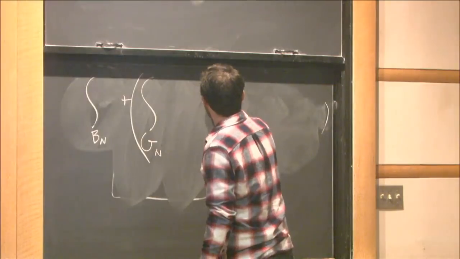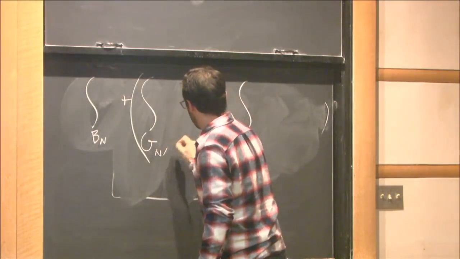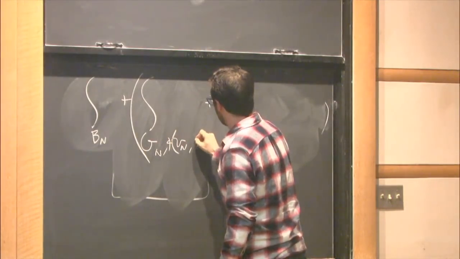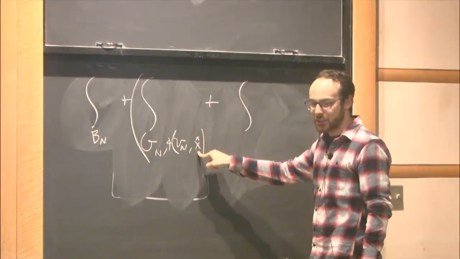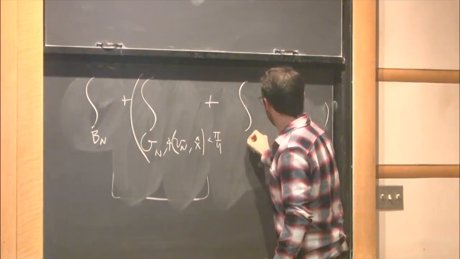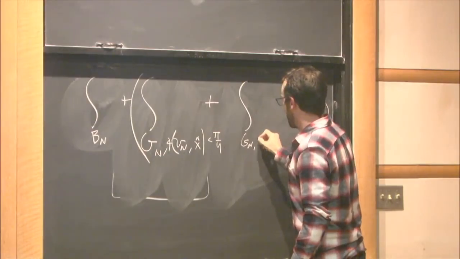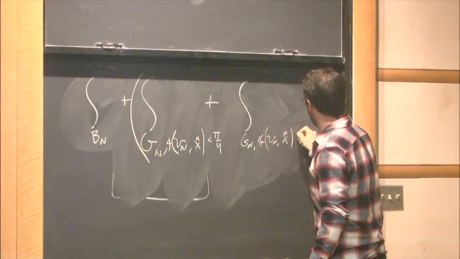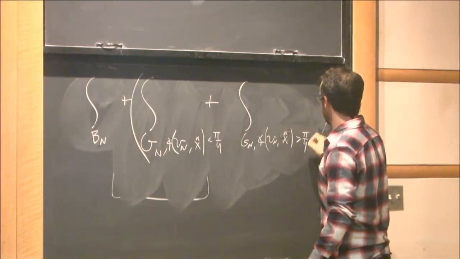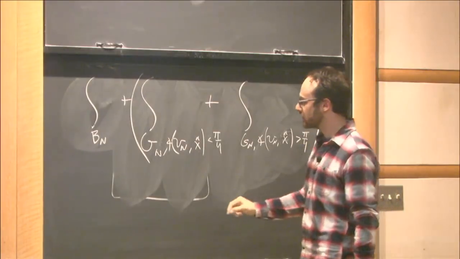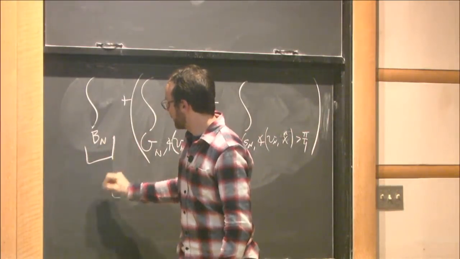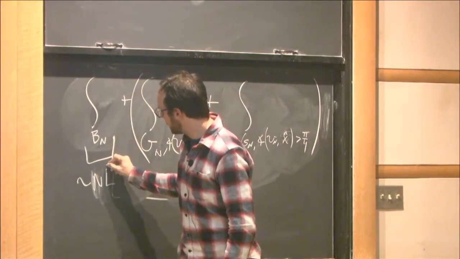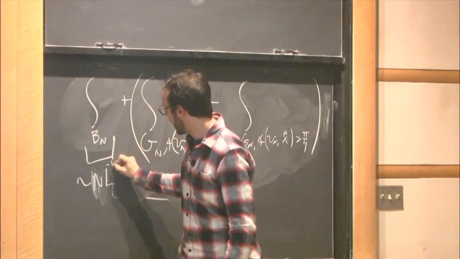And so I subdivide this again into two pieces. The first piece where the angle of Vn with the x hat direction is small, and the angle with the x hat direction is large, okay? This is going to be a contribution on the order of n L to the negative half, right?